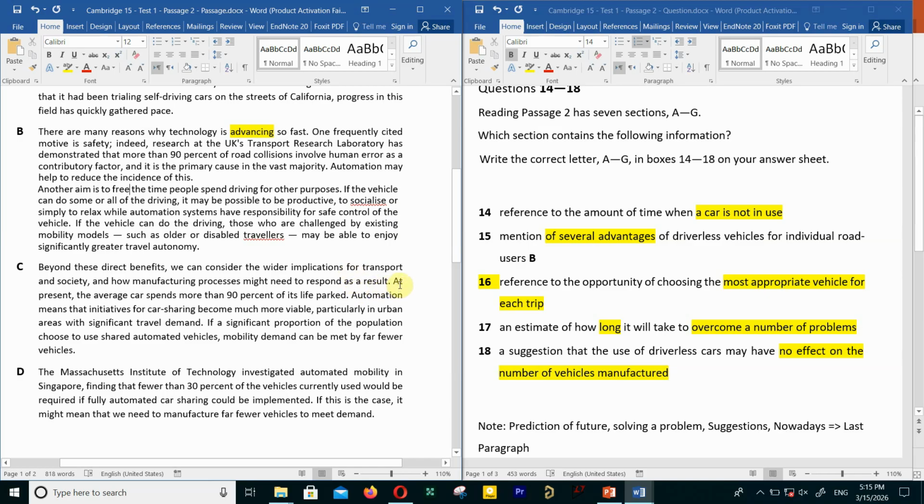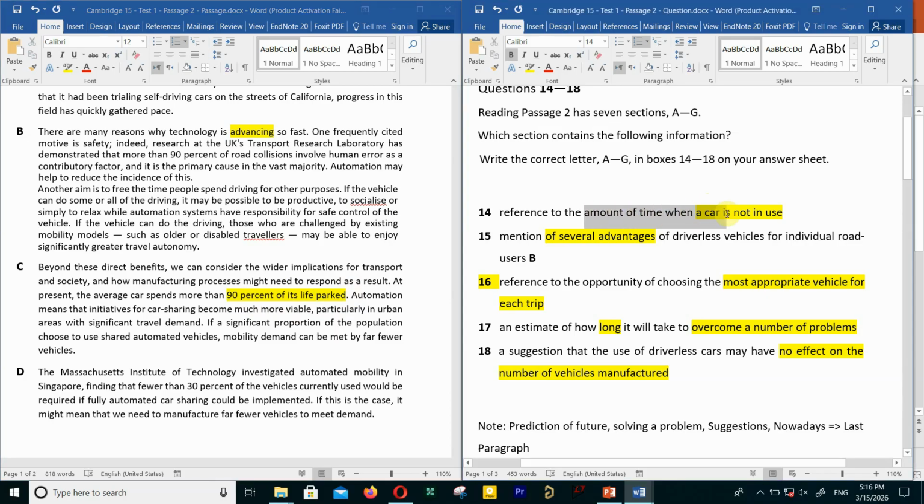I'm not quite sure. At present, the average car spends more than 90% of its life parked. Okay, 90% of its life parked. Amount of time when a car is not used. You see? Paragraph C.